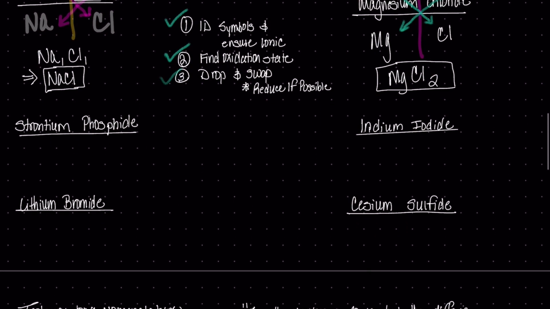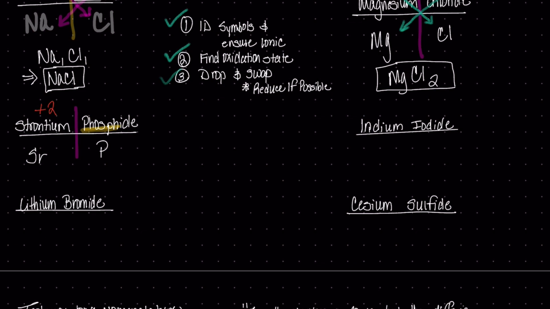Now it looks like something a little more crazy. Strontium phosphide. Strontium's chemical symbol is Sr. Phosphide, phospho, that prefix comes from phosphorus. And phosphorus is in 5A, and its chemical symbol is P. Strontium's chemical symbol is Sr with an oxidation state of +2 because it's in 2A.